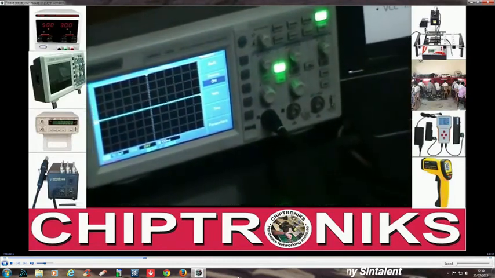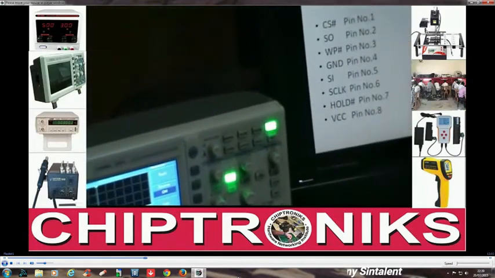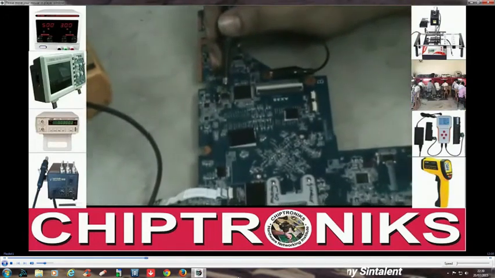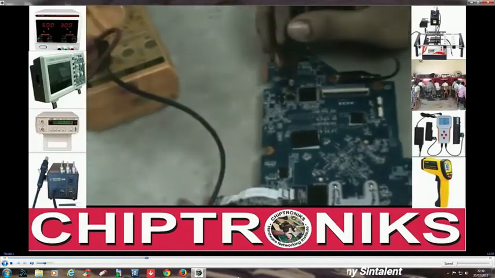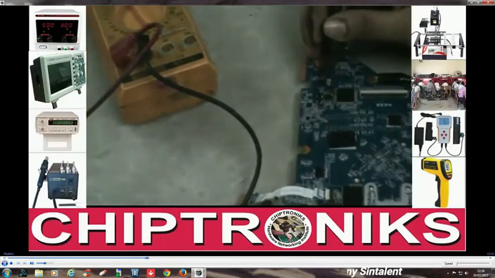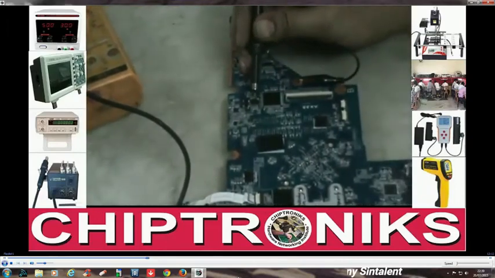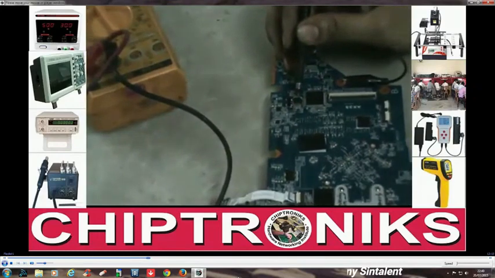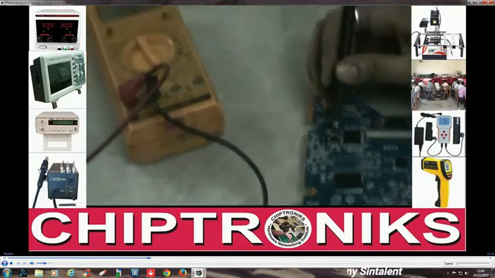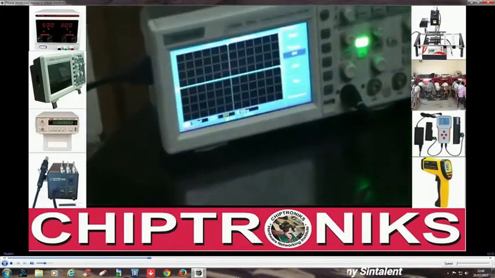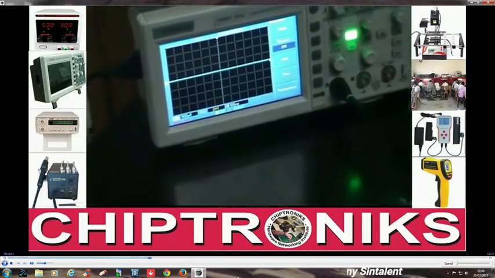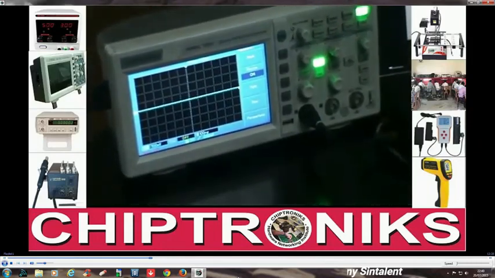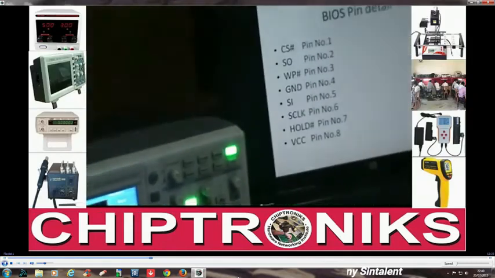Now I'll check pin number 2, the signal output on pin number 2. No signal, nothing. It means here we do not get any kind of signal on pin number 2. This pin is the output pin.